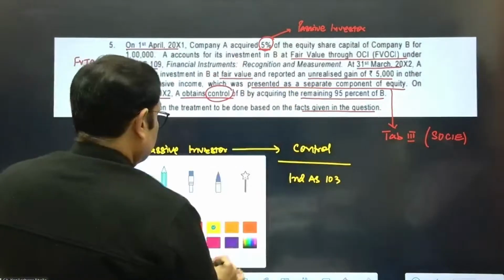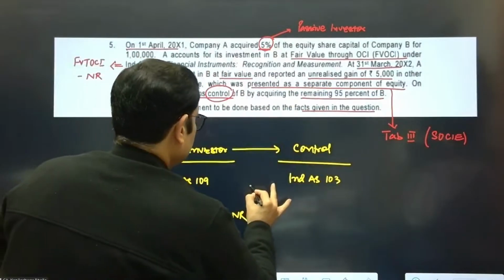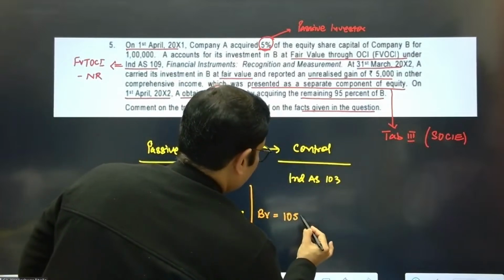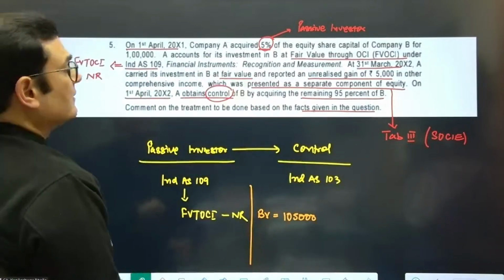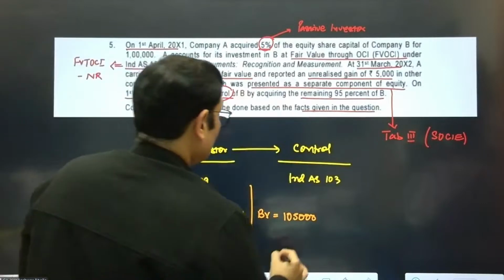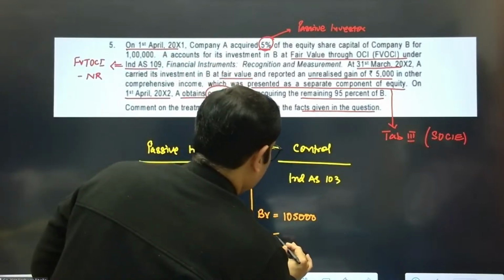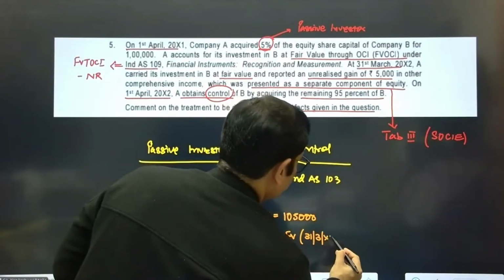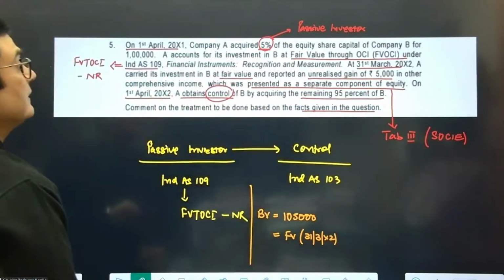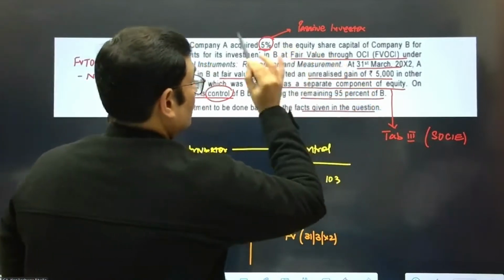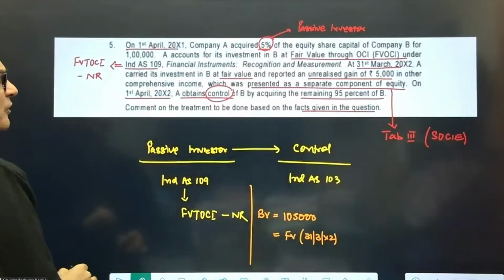So we can say in this particular case, the investment is standing at a book value of 1,05,000. This is standing at 1,05,000 in the books of accounts, and this is also equal to the fair value on 31st March X2, because this investment is taken at a fair value. So on March X2, it is standing at a book value of 1,05,000, which is also the fair value.